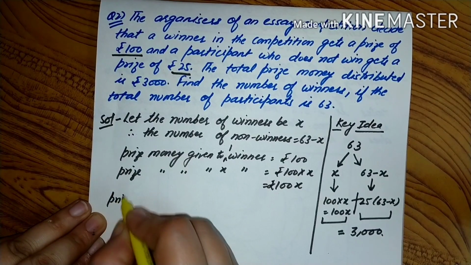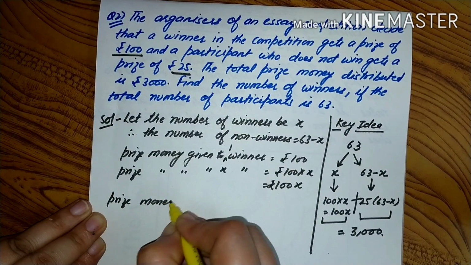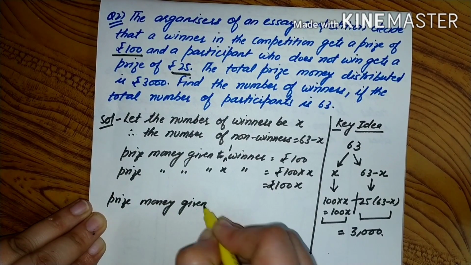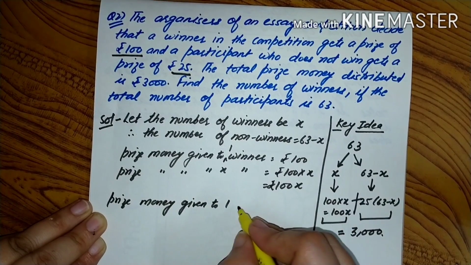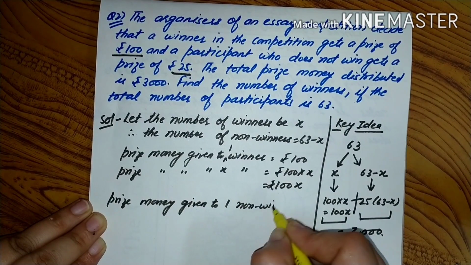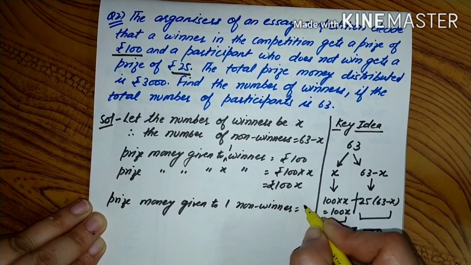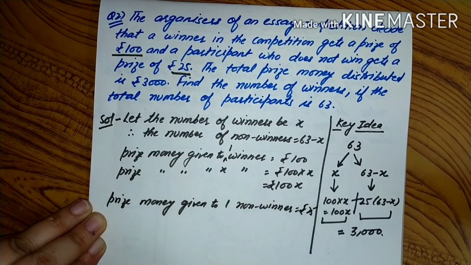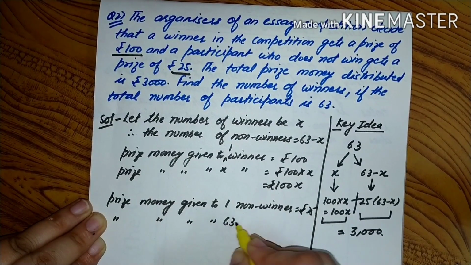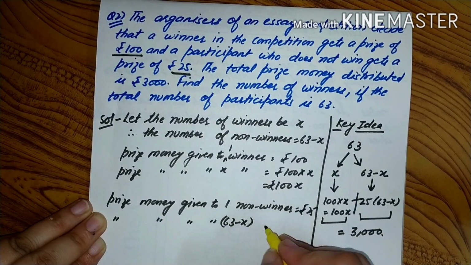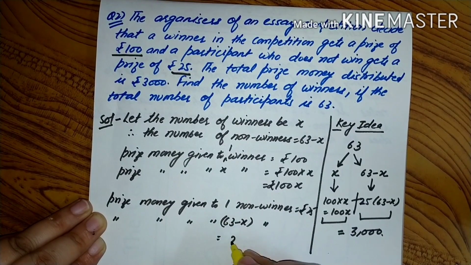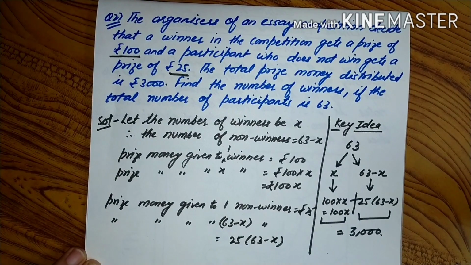Then prize money given to one non-winner is rupees 25. So prize money given to 63 minus x non-winners would be 25 into 63 minus x.